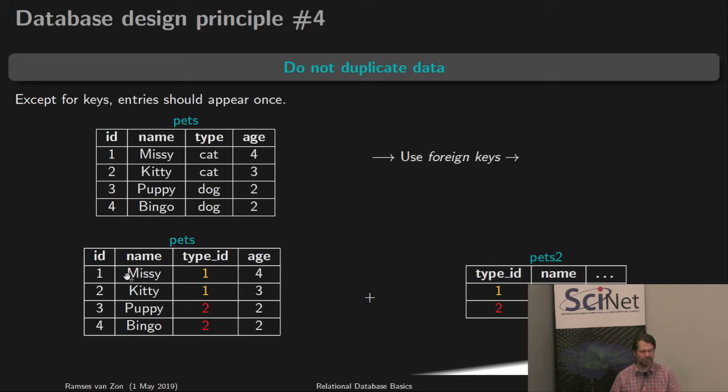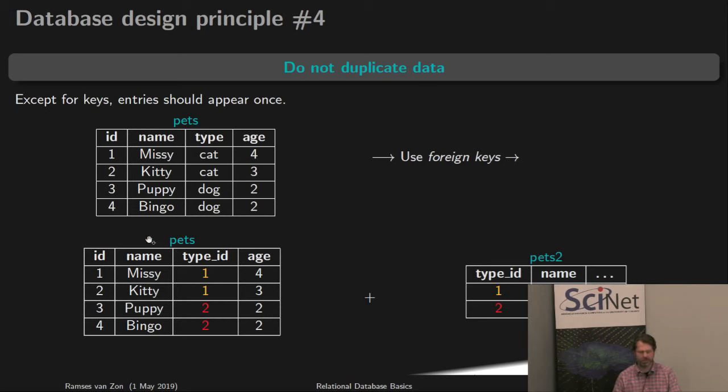I'm not repeating Missy. If I had a 5th Missy, it's not really a repeat. It's just a coincidence that there are 2 Missies. So you don't want to codify coincidence in a separate table. They are both just by accident called Missy. That's fine. Does that make sense?